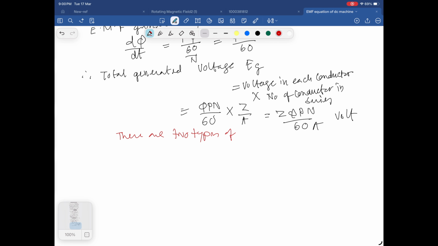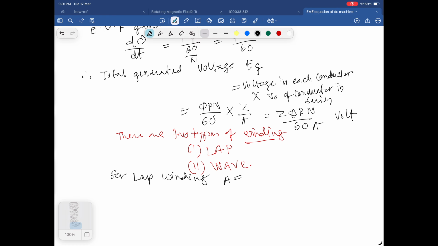Now there are two types of winding in the armature. One is lap winding, another is wave winding. For lap winding, the number of parallel paths A is equal to P. So Eg is equal to, if I replace it, P and P cancel, Z phi N by 60 volts.